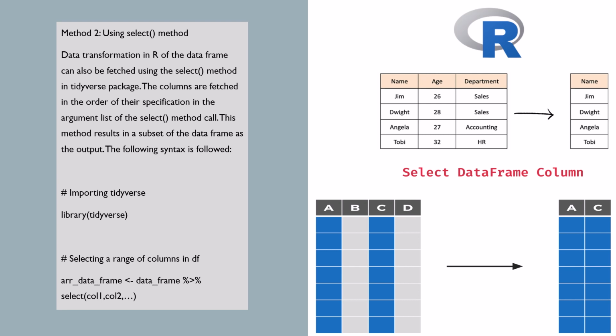So this is the syntax. You just have to load the library called tidyverse or dplyr, and then define a new data frame and assign it to a pipe of functions. I'll use the data frame, pipe it with the select function, and then inside the select, enter the variable names. As you can see, I'm trying to select only one column from a big data frame.